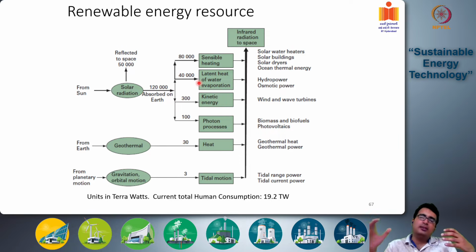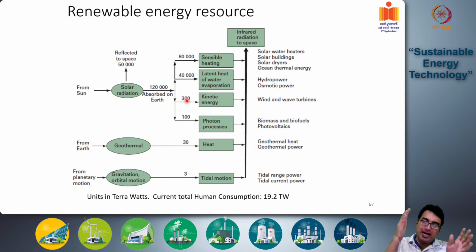So part of that heat is being absorbed, and water is transitioning from liquid to vapor and going up into the atmosphere, forming clouds, creating the precipitation events and all of these. 300 terawatts is going to the kinetic energy of winds and the waves.